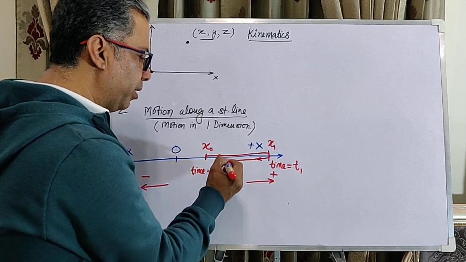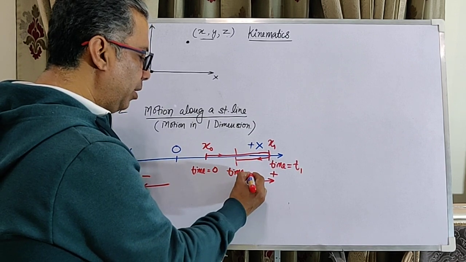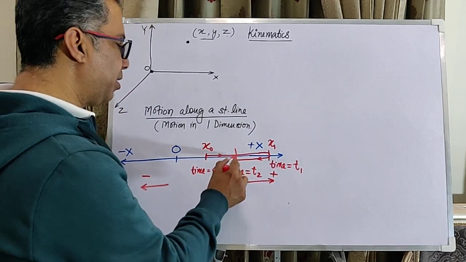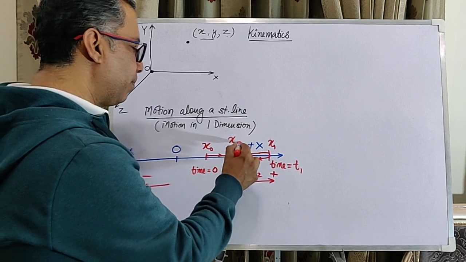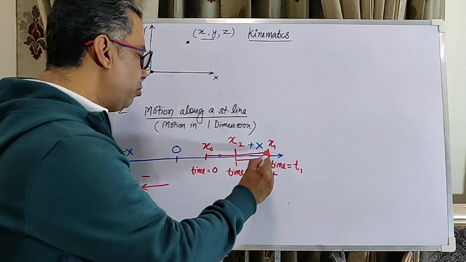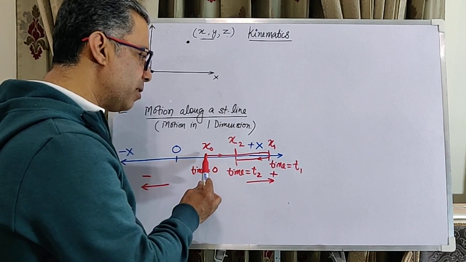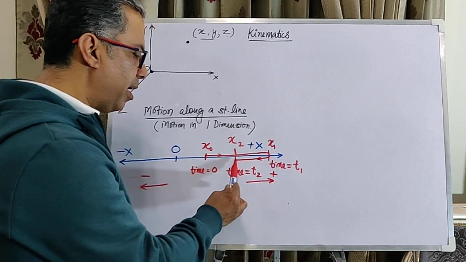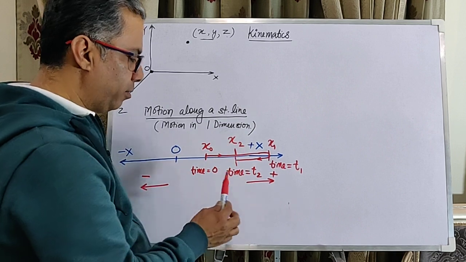And then we observe that at time equal to t2 by our stopwatch, the object has reached this position where the x coordinate is x2. So this is the motion that we are talking about. The object started here at time equal to 0 at x0, it reaches x1, stops momentarily, reverses direction and reaches this position where the coordinate is x2.